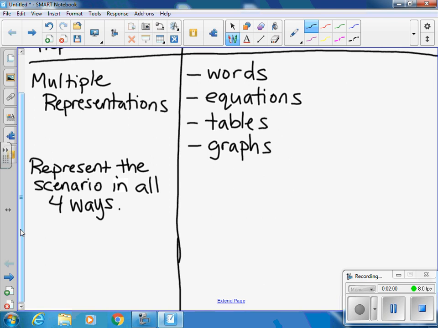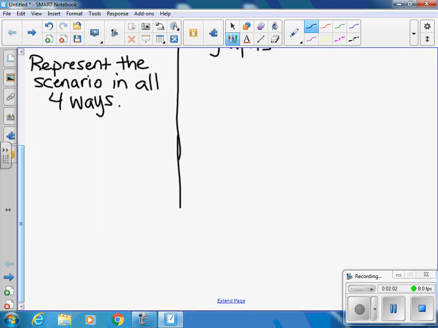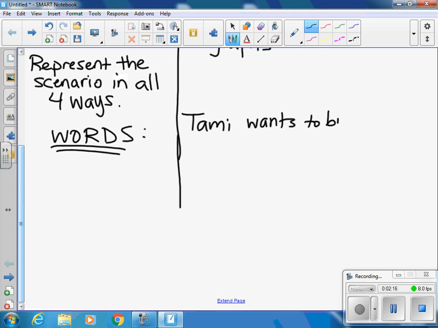All right, so the first thing we're going to show are the words, because like I said, it is easiest to start with those, and typically that's what they give you to start with. So in words, here is our scenario. Tammy wants to buy a CD case and some CDs.